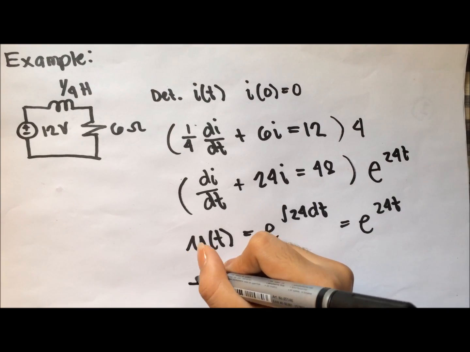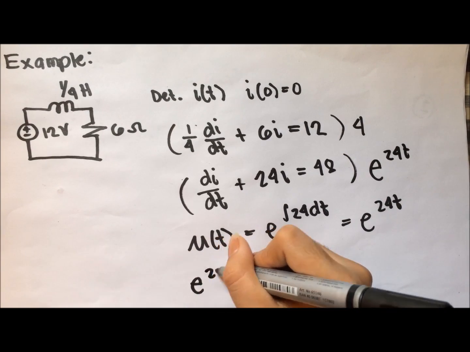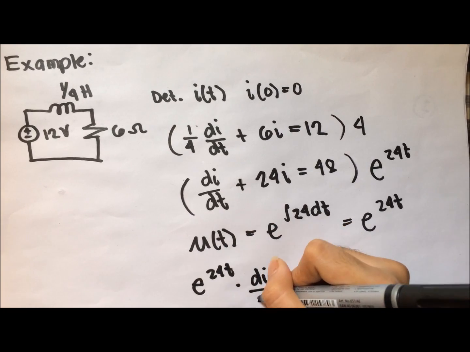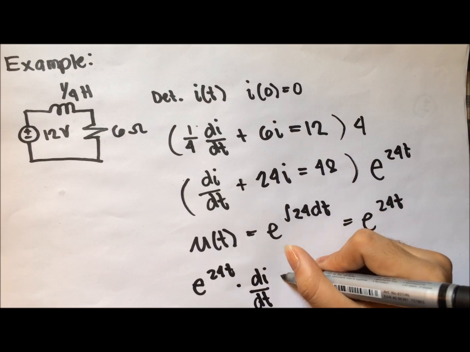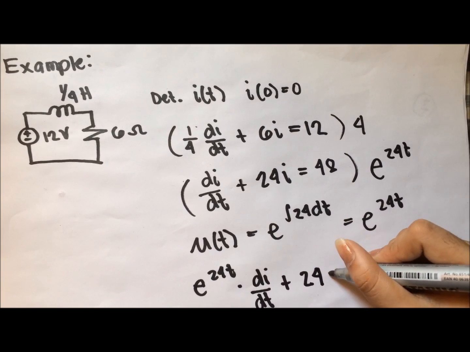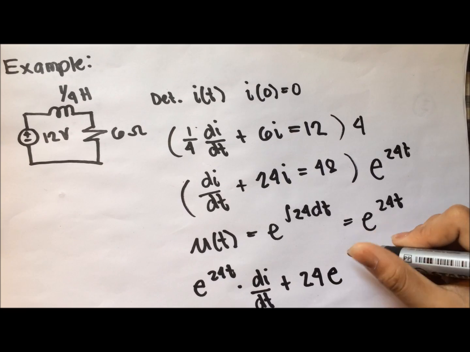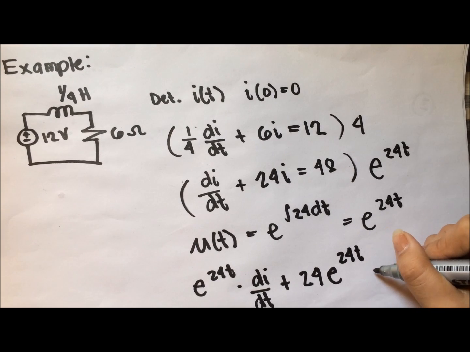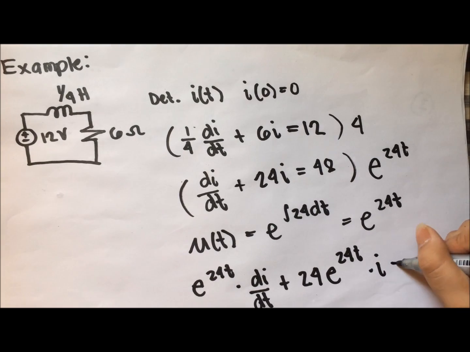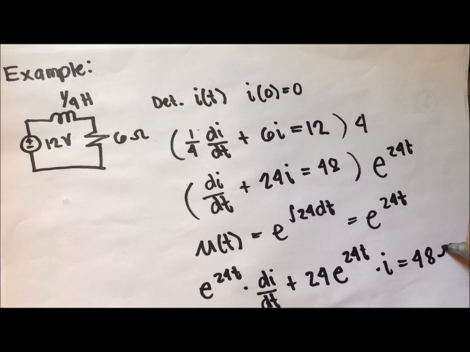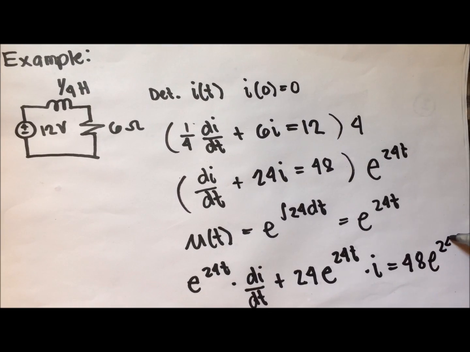So we have e to the 24t times di/dt plus 24 times e to the power of 24t times i equal to 48 e to the power of 24t.